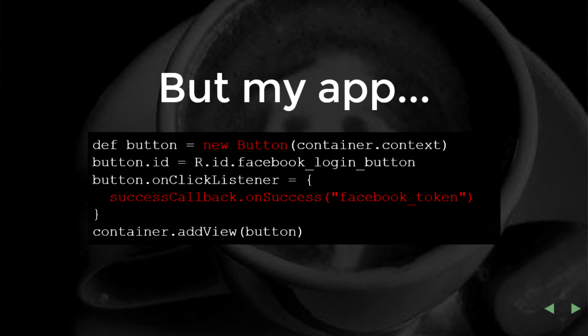So what it allows is you can actually have a mock version of that. You can simply create a simple button, not a login button from Facebook or any other, but a simple button that on click will call your callback and say, yeah, I have a Facebook token, here you go.